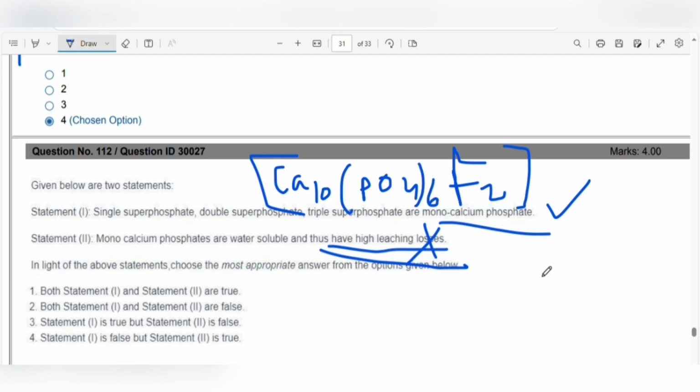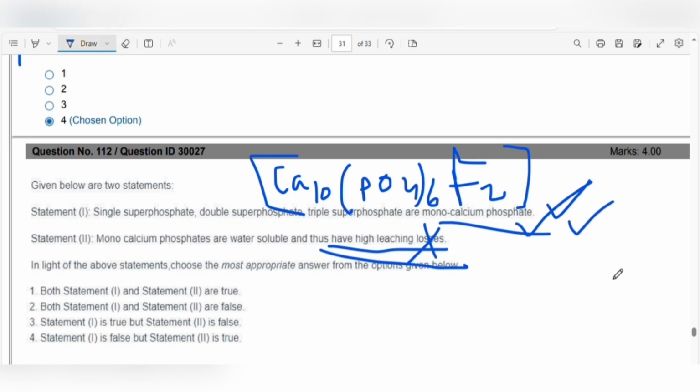Mostly, double superphosphate is not used that much. Single and triple are used. Triple is a high analysis fertilizer containing almost 46% P2O5, whereas single superphosphate is a low analysis fertilizer containing only 16% P2O5. However, all three fertilizers contain phosphorus in the monocalcium phosphate form, which is soluble in water.